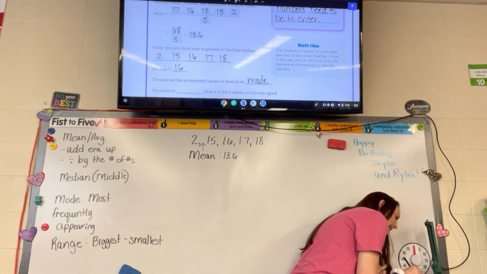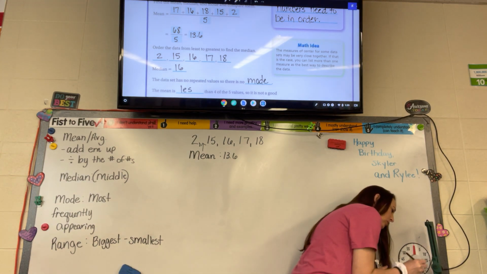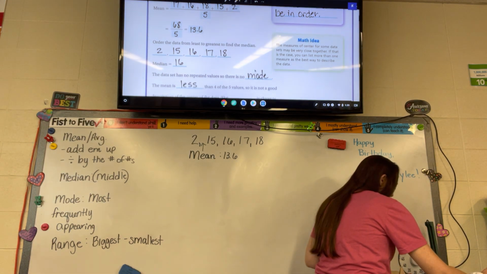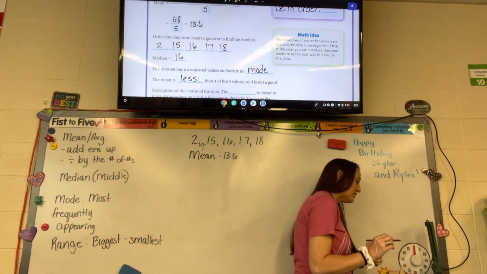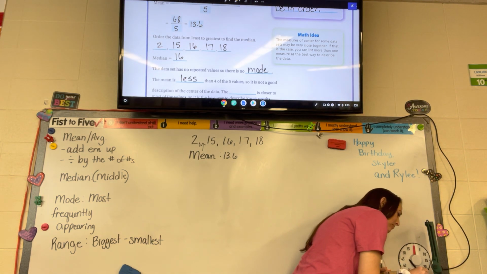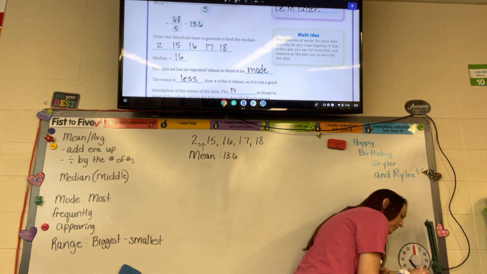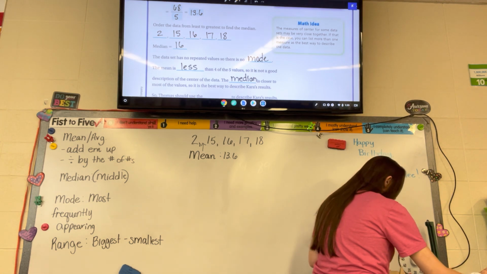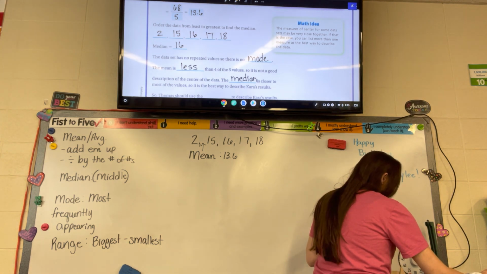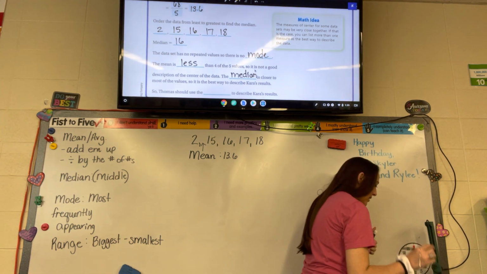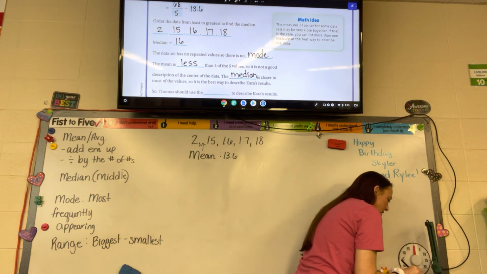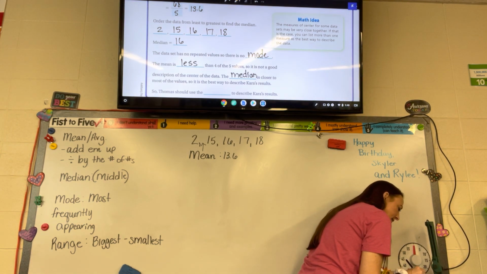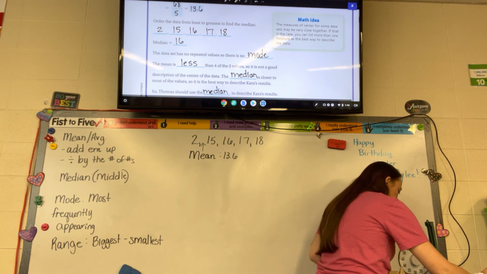So the mean is less than 4 of the 5 values, so it is not a good description of the center of the data. The median of 16 is closer, you getting this down, Avery? To most of the values, so it's the best way to describe Kara's results. So Thomas should use the median to describe Kara's results.